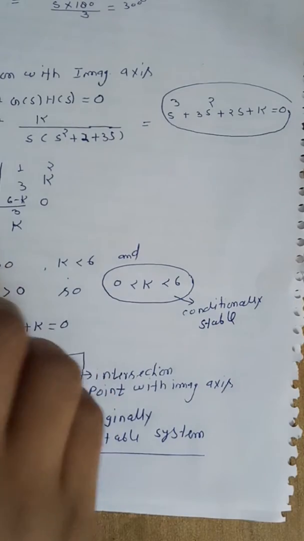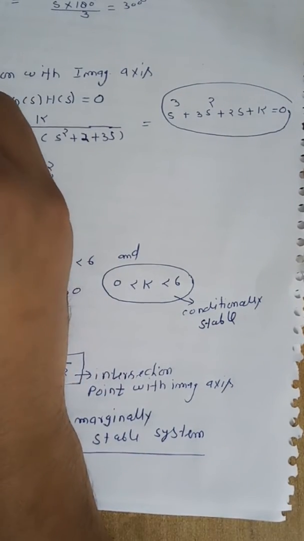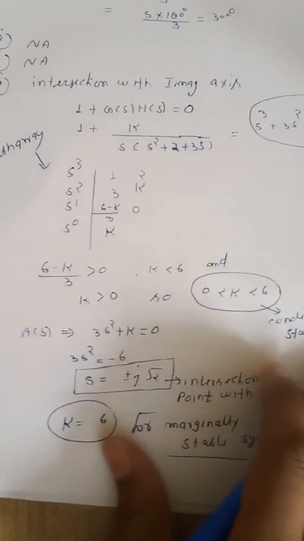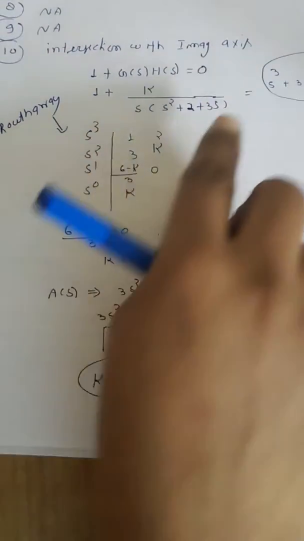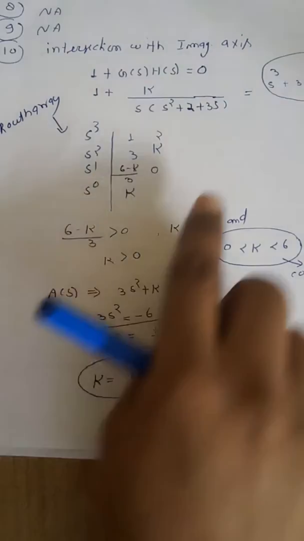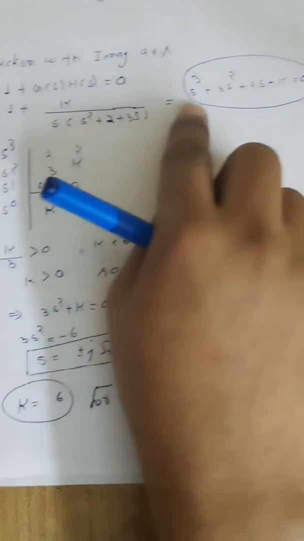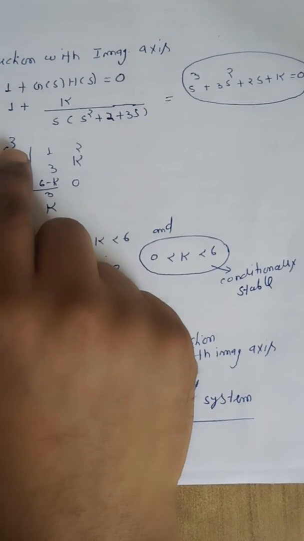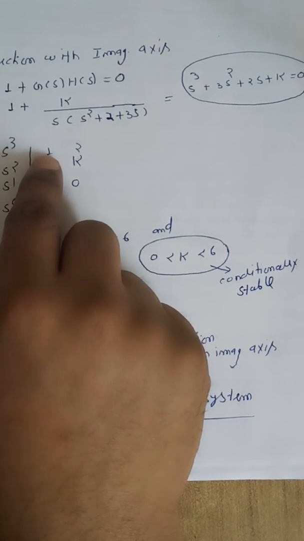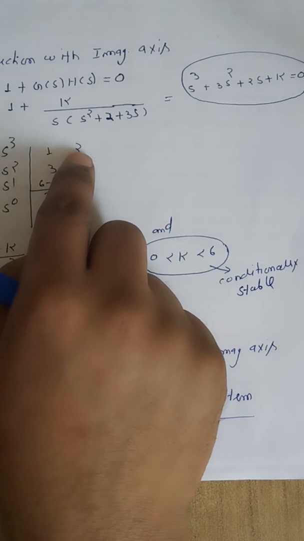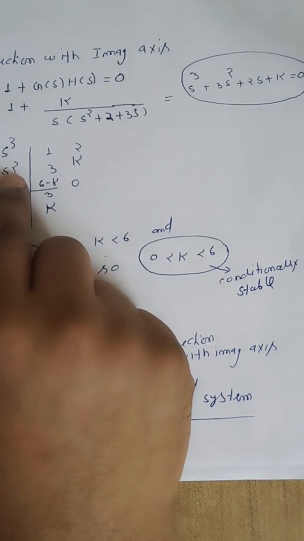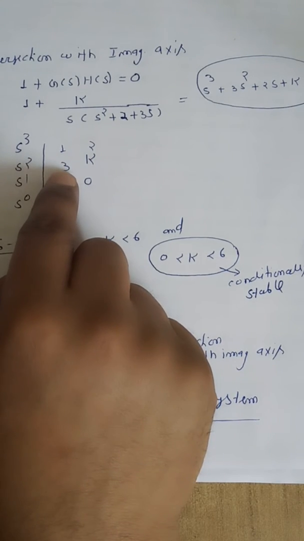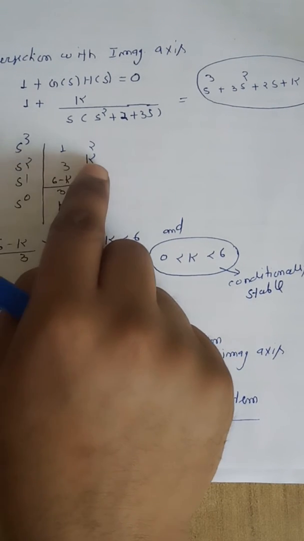In the reference column in the Routh array, we will define all powers of s starting from s to the power 3 to s to the power 0. Coefficient of s to the power 3 is 1, coefficient of s to the power 1 is 2. In the second row we will write the coefficient of s to the power 2, it is 3, and the coefficient of s to the power 0, it is k.